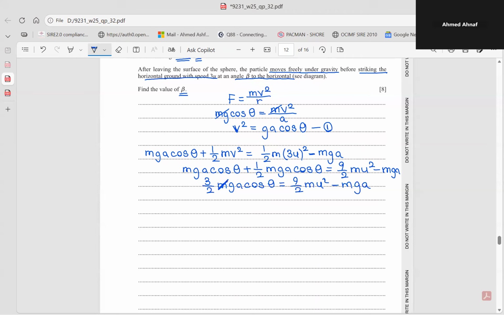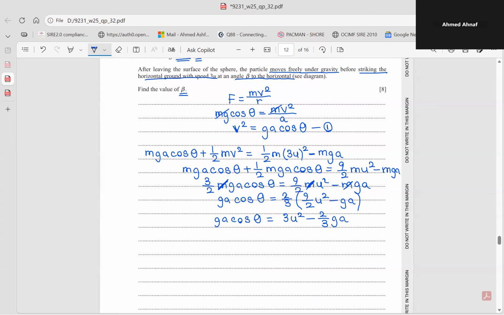So let's cancel out the m and multiply both sides by 2 over 3. Then you'll just get ga cosine theta. So 2 over 3 times 9 over 2 u squared minus GA. So GA cosine theta, you'll get 3 u squared minus 2 over 3 GA.